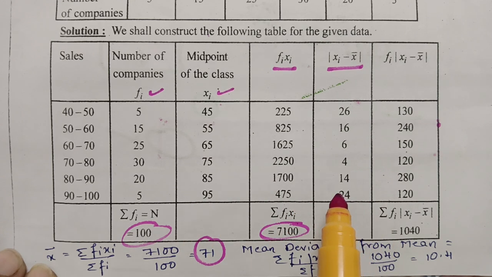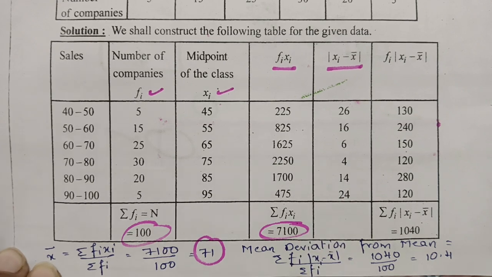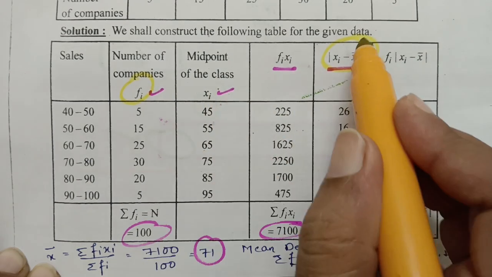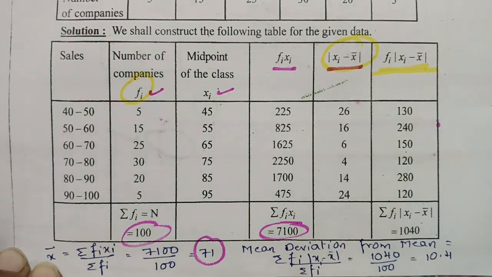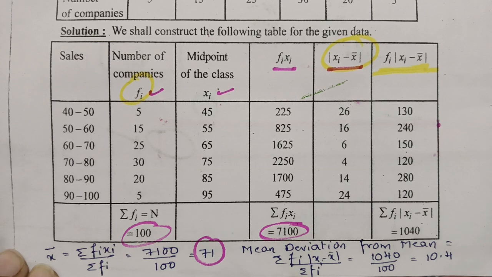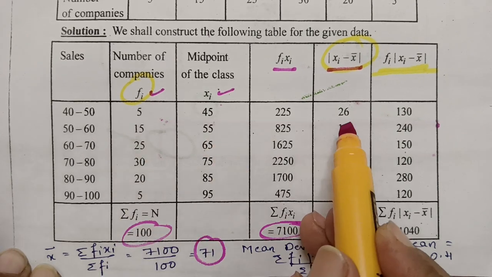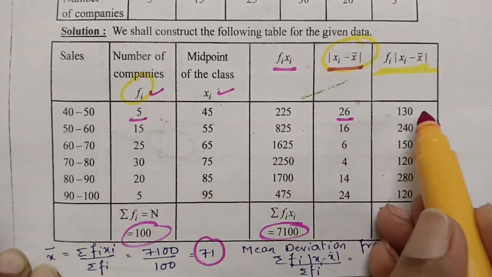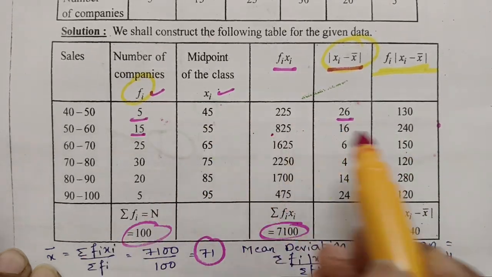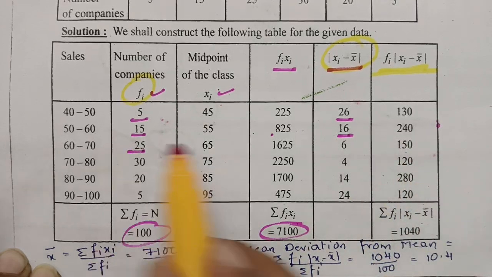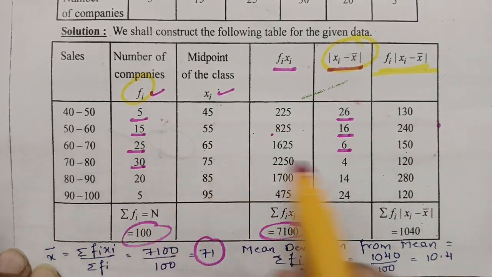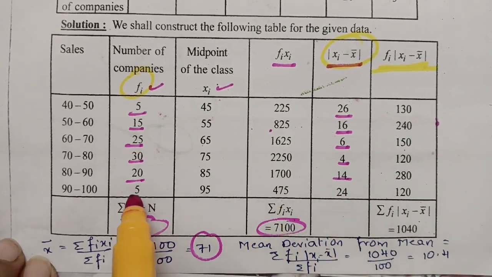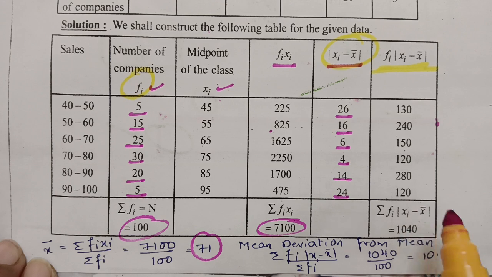Now we multiply by the f values, giving fi modulus of xi minus x bar: 5 into 26 is 130, 15 into 16 is 240, 25 into 6 is 150, 30 into 4 is 120, 20 into 14 is 280, and 5 into 24 is 120.